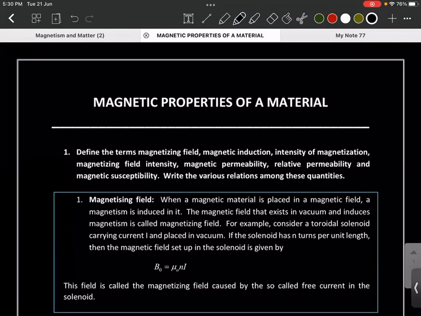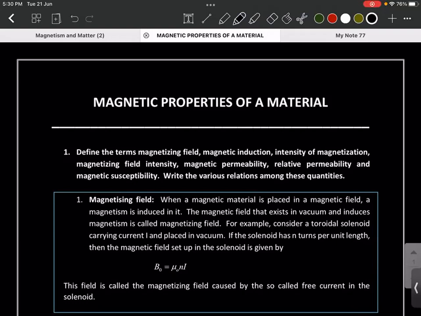All these materials are classified into three categories, which I told you, basically para, dia, and ferromagnetic, right? Before we start understanding what paramagnetic, ferromagnetic, and diamagnetic substances are, we first need to answer certain questions related to how those materials can be magnetized in the first place.